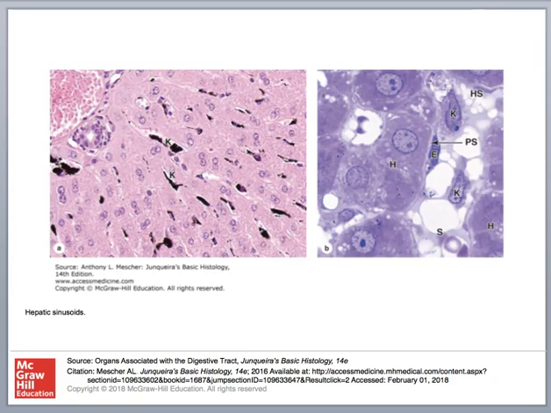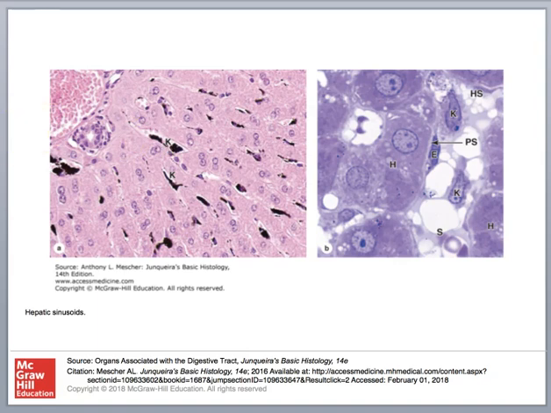The panel on the left is a high magnification of the liver to illustrate the arrangement of the cords between the sinusoids, and I'm pointing out here the sinusoids, the K. This is a special stain to highlight the Kupffer cells, which also highlights the sinusoids.